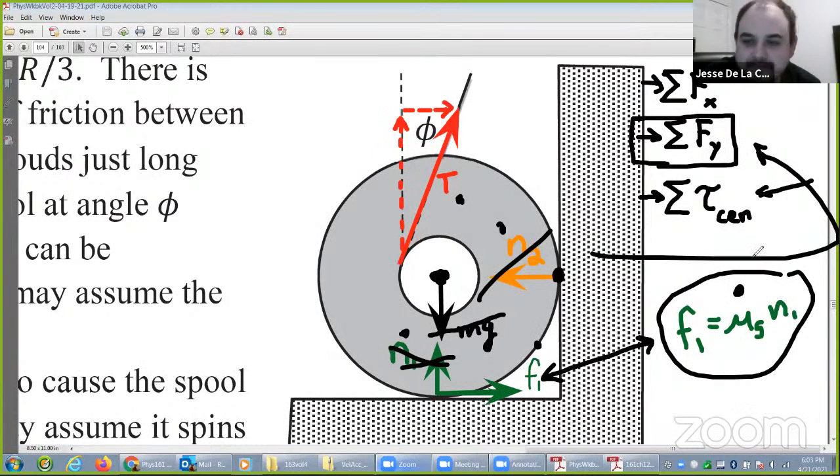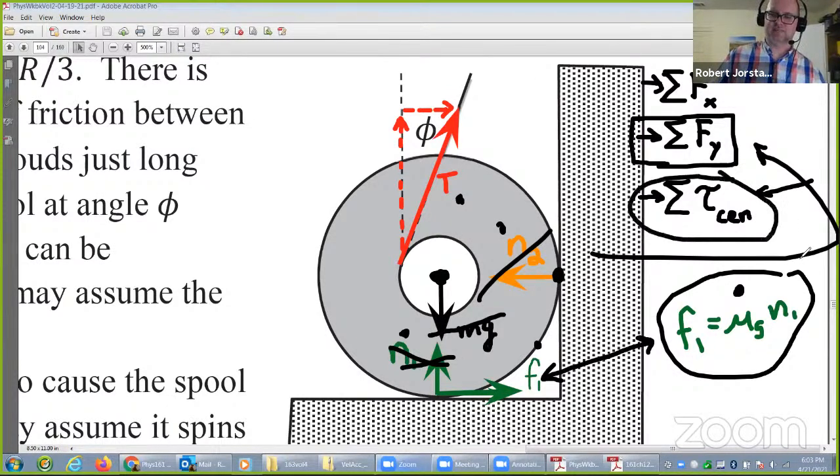Now, what is the torque due to the tension if I pick the center as the pivot? So I'm assuming I'm choosing the center as the pivot. What is the torque due to the tension? Just the magnitude would be fine.